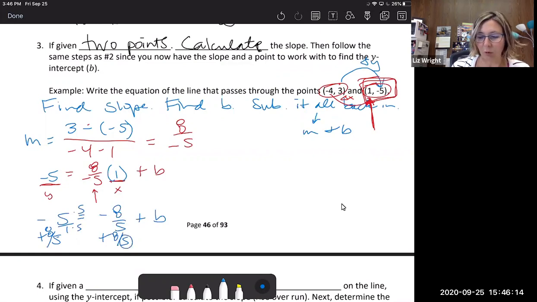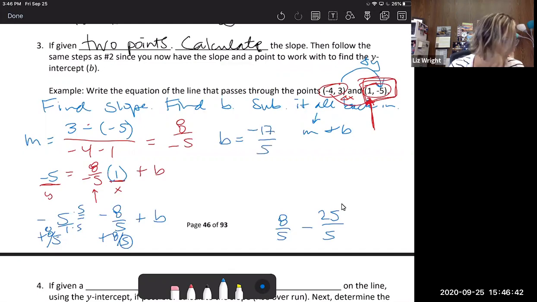And so I'm just going to work with my fraction for a second. So I've got 8/5, which is positive, and then I'm going to be subtracting 25/5. And so if I'm subtracting 25/5, you're thinking about, okay, well, 8 minus 25, or what's 25 minus 8? And we should be getting -17/5. So our b is going to equal -17/5.